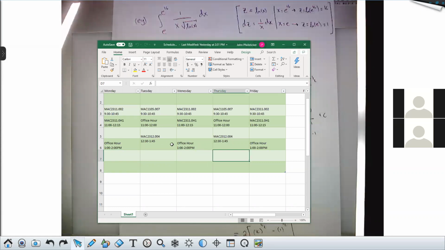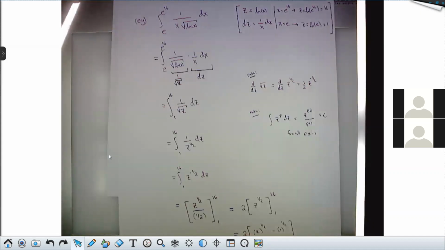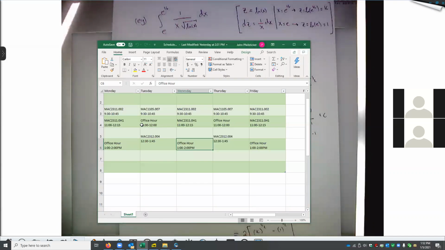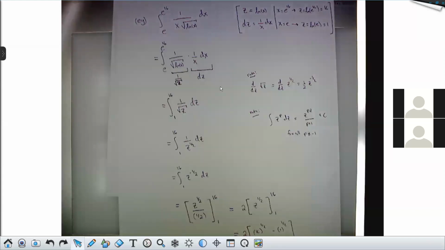My next office hour, according to my current schedule, would be tomorrow at 1 p.m. But if there's something you want to talk about, if you want to talk about problems or anything at all, send me a Canvas message and I can give you a good reply, and maybe we can schedule an extra office hour between now and then if need be. I do have office hours on Tuesday, Thursday. They're just before this class, 11 to 12. But I'm open to the idea of adding more if it's called for.